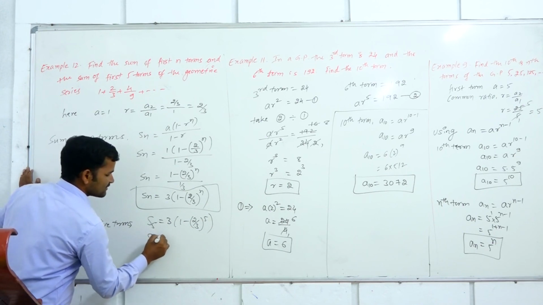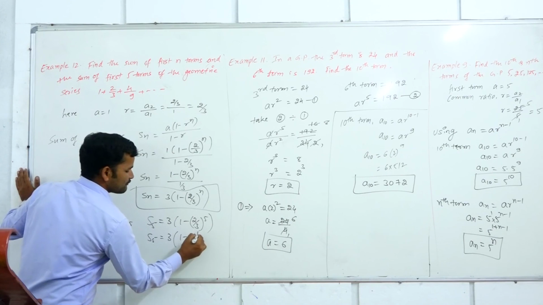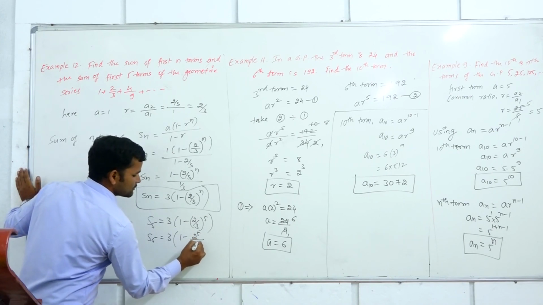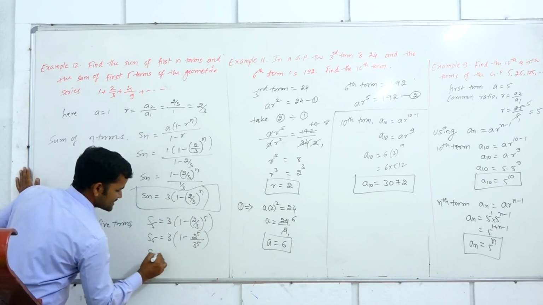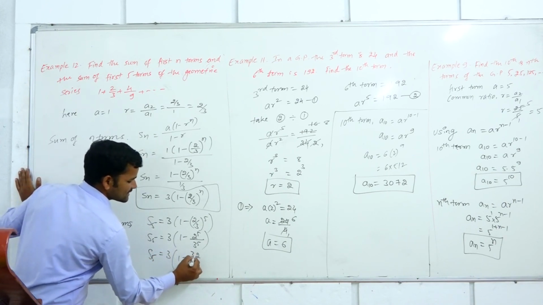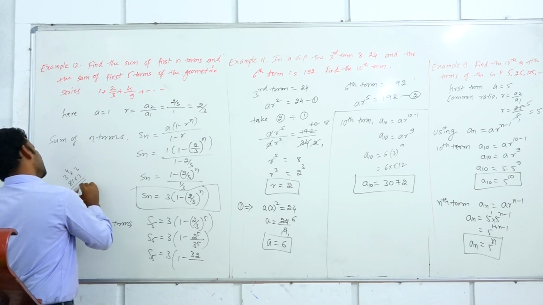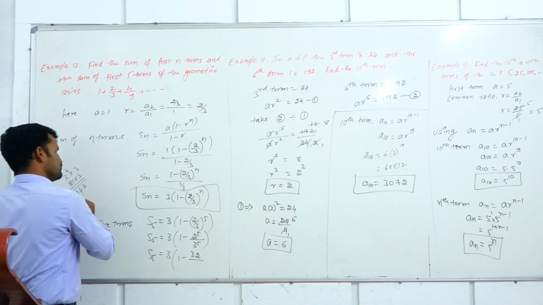We can leave it here, or else we can simplify. 3 into 1 minus 2 to the power of 5 by 3 to the power of 5. 2 to the power of 5 is 32, and 3 to the power of 5 is 3 to the power of 4 into 3, 81 into 3, which is 243.